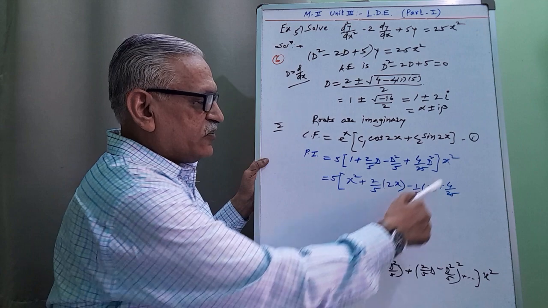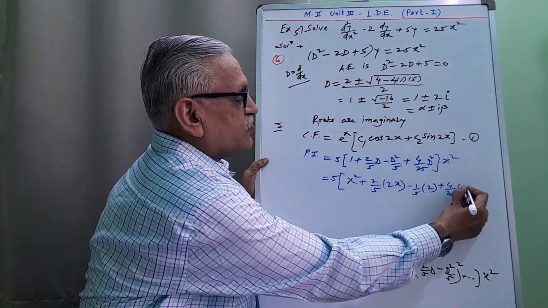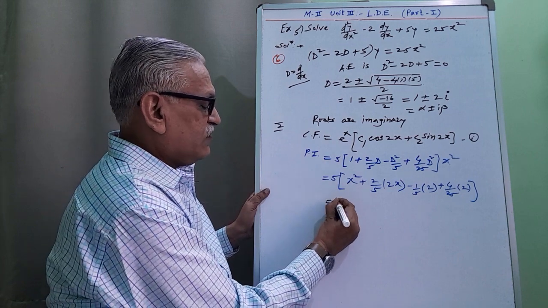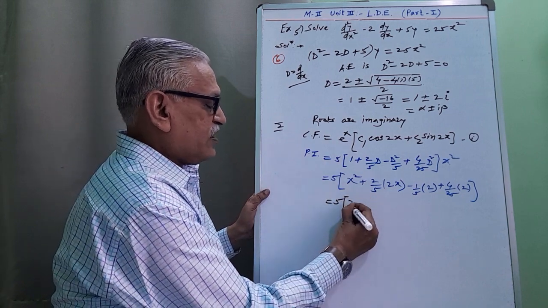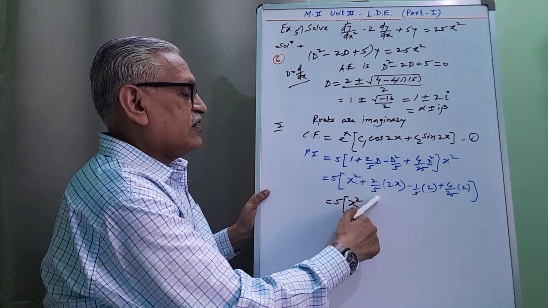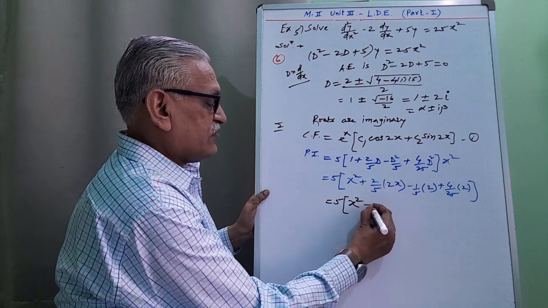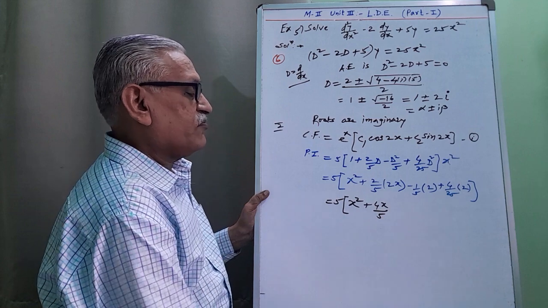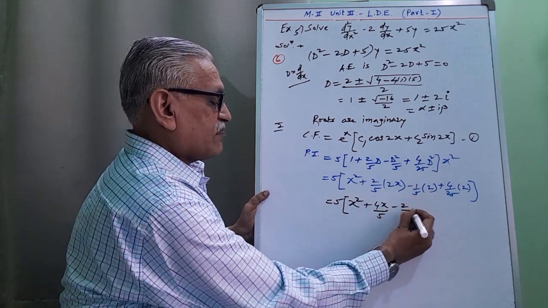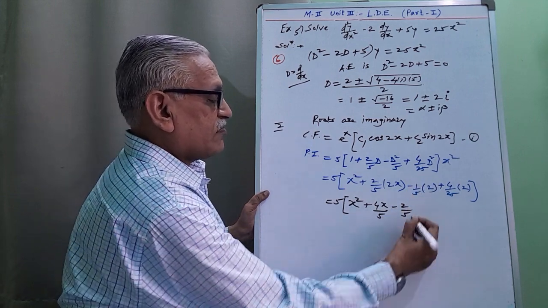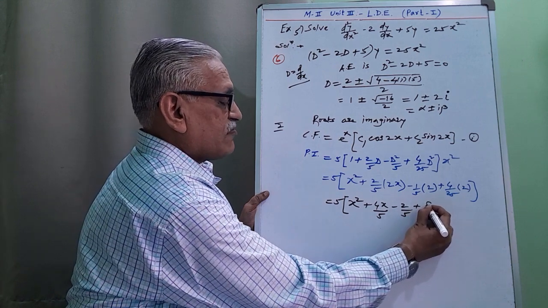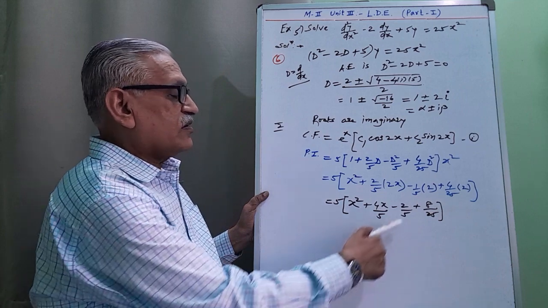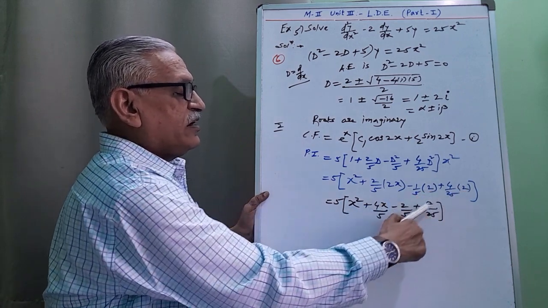Again, second order derivative of x square, that is 2. Applying it, we get 5 times x square plus 2 into 2x by 5, that is 4x by 5, minus 2 by 5 and 8 by 25.